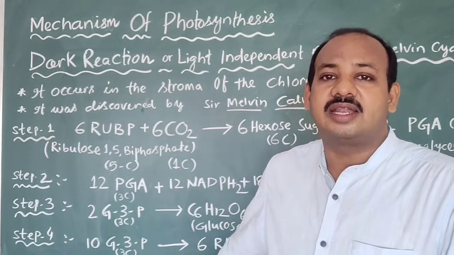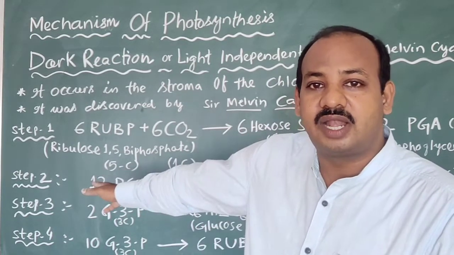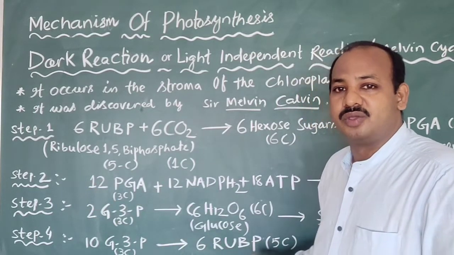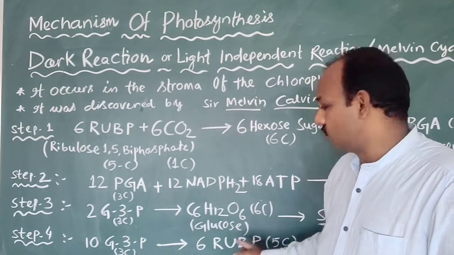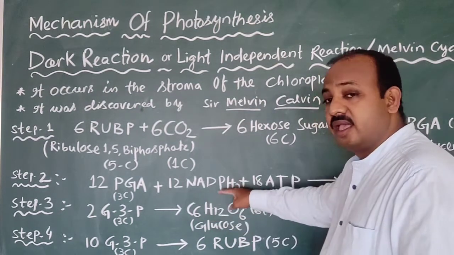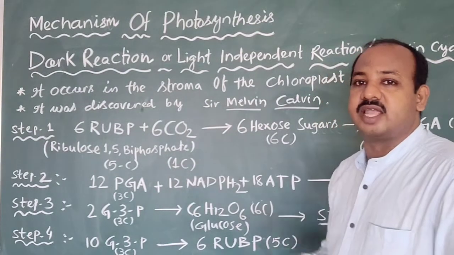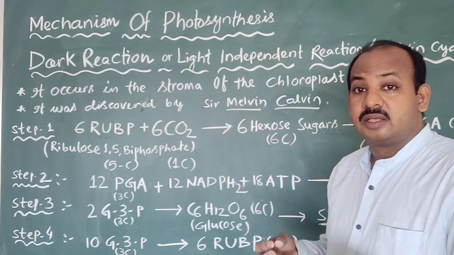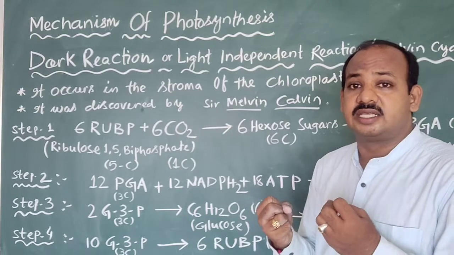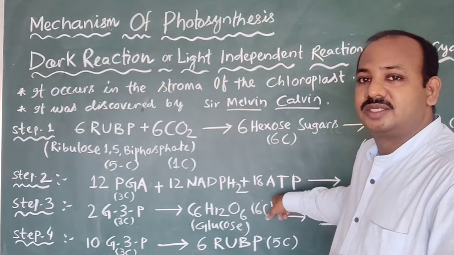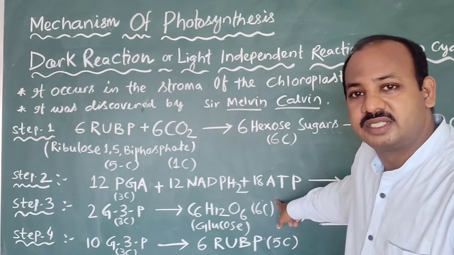So during dark reaction, by utilizing carbon dioxide, glucose is produced. The hydrogen present in the NADPH2 is attached to the carbon dioxide, and for this attachment, the energy required is provided by the energy-rich molecules, the ATPs.